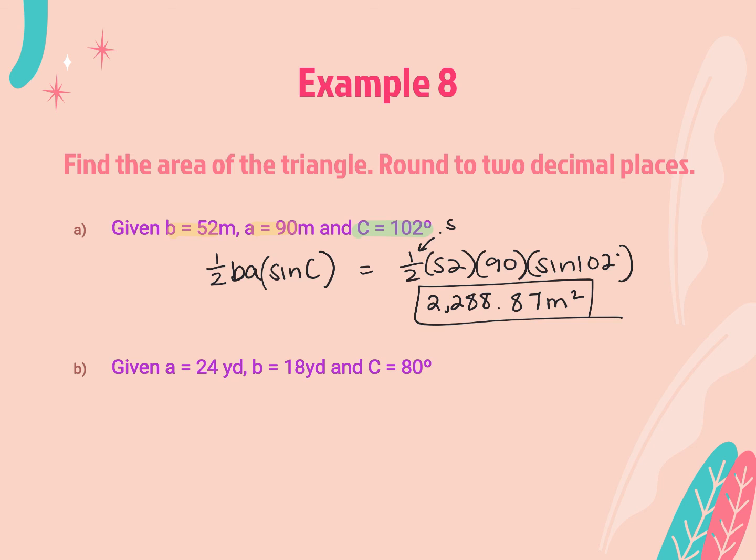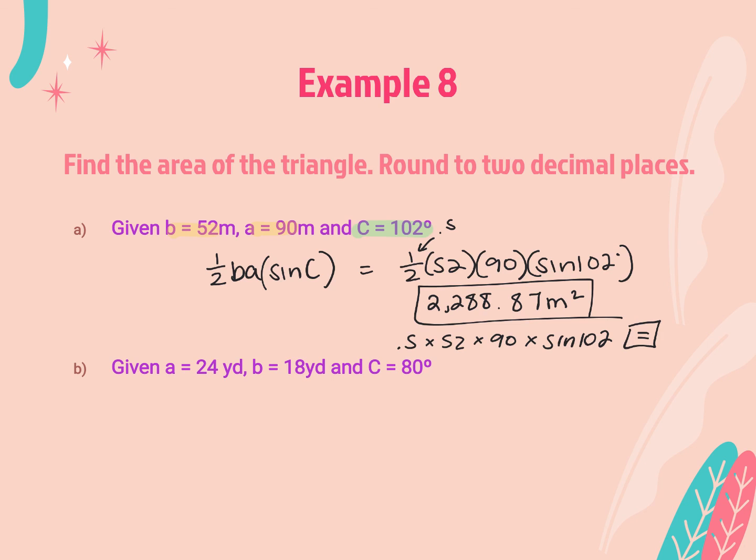Like if I do the sine of 102, and then multiply 52 by 90, and then cut it in half. Or everything has to literally be cut in half. You type this, 0.5 times 52 times 90 times sine 102, and then you hit equals.